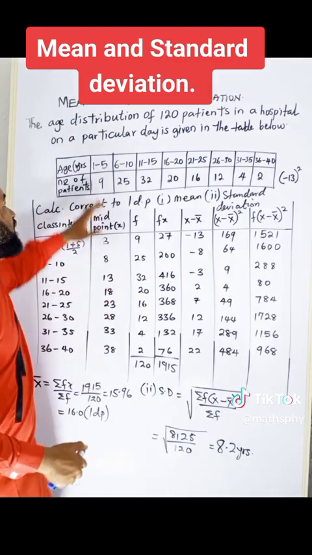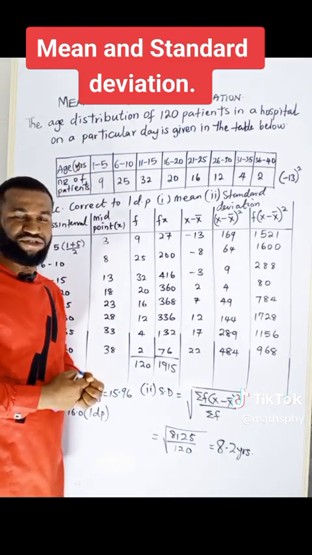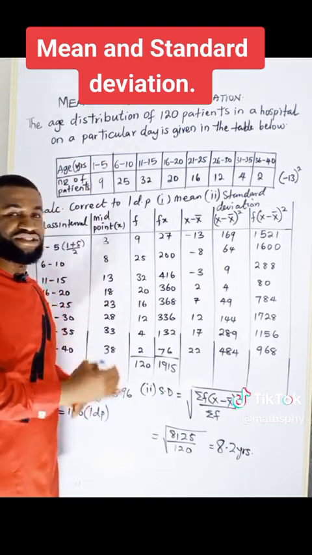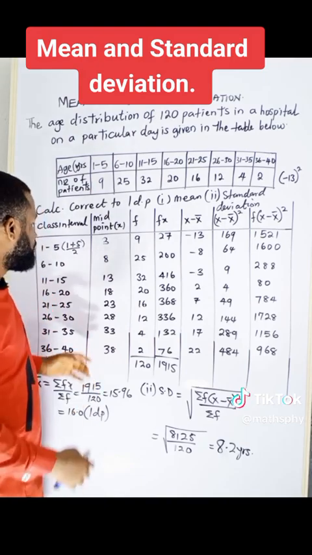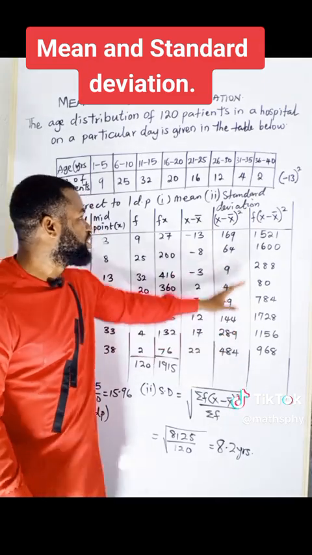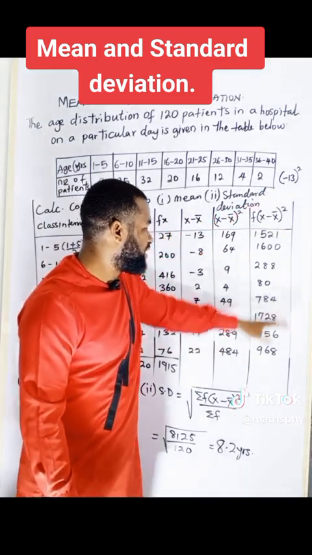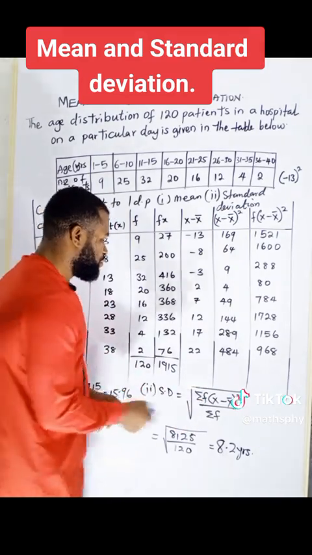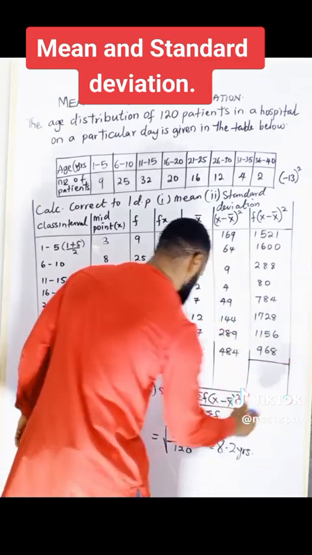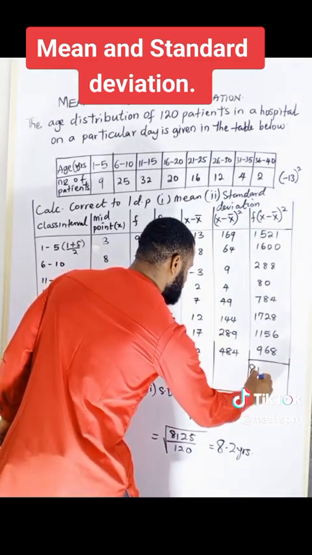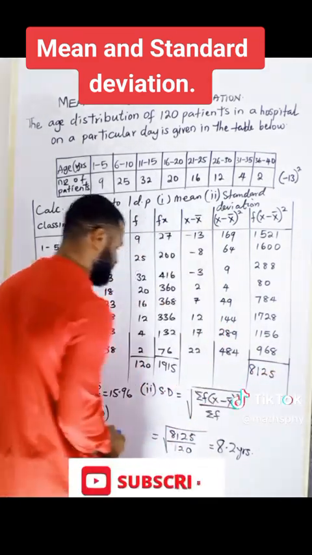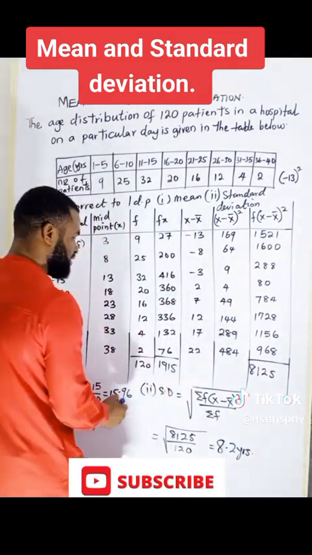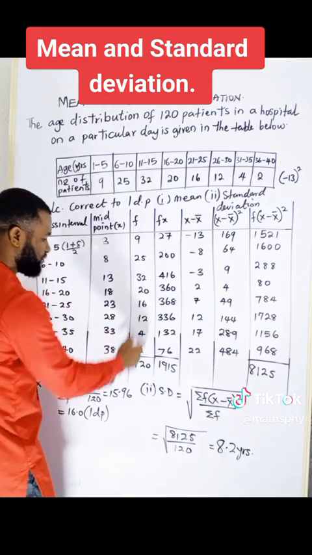One thing I noticed about statistics is that you must practice it until it becomes part of you. So when you have done all these things, you add everything here. That is why we call it the summation. When you add everything here, you have 8125, and remember the summation of f is 120.